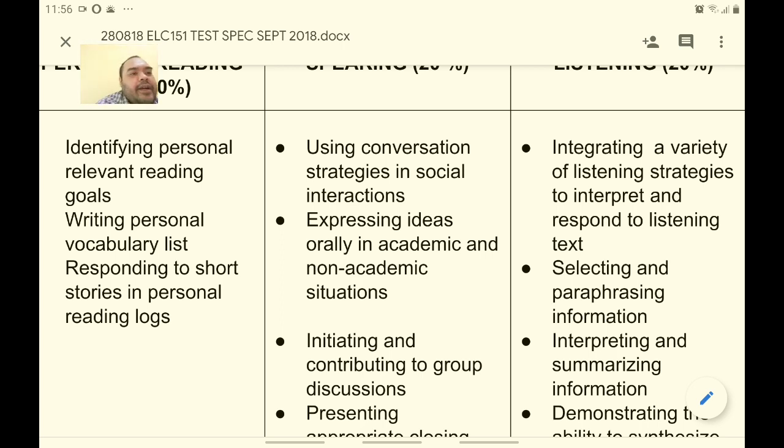Okay, and then for the second presentation, you have to practice what we call turn taking. So turn taking is a strategy where you first listen to your friends when they are given their chance to talk, and then you wait for your turn to speak, then you speak.